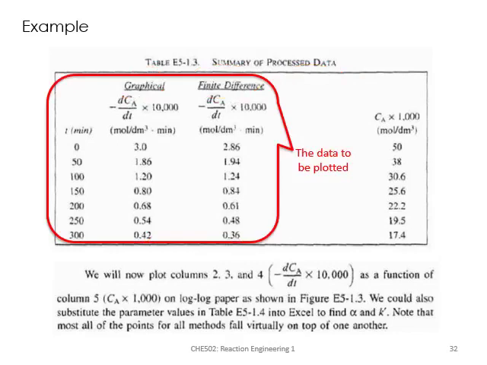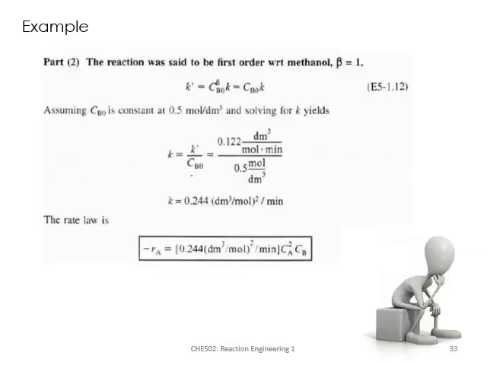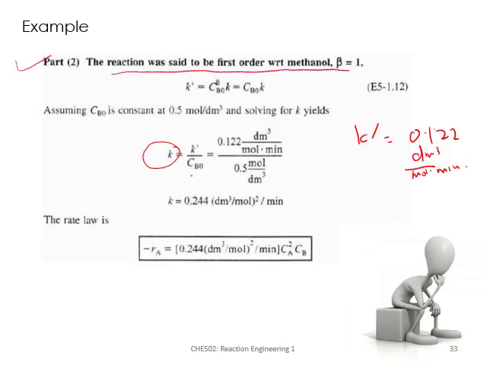Plotting this data on the graph paper, the slope you get is k prime. So your k prime from the slope is 0.1123 per mole per minute. Then you may recalculate your k, the actual k, because in part 2 you are given a statement that the reaction was said to be first order with respect to methanol.